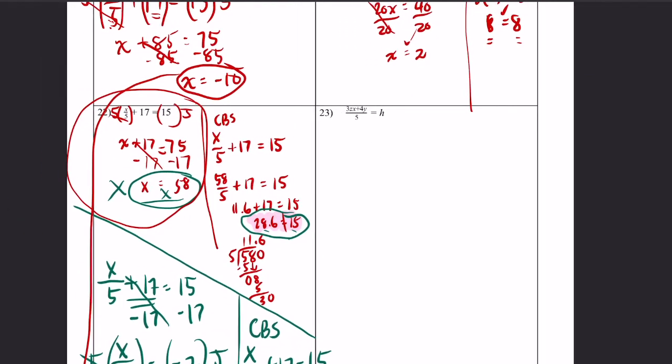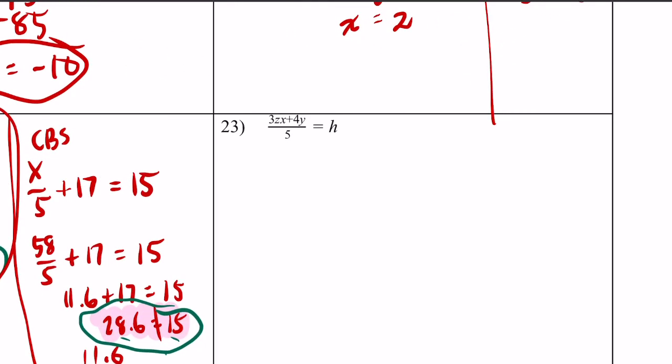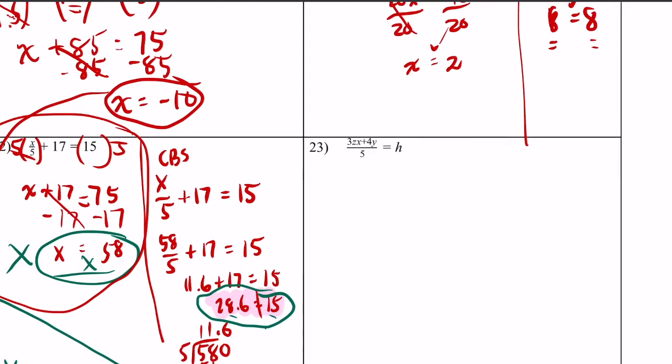Okay? Now the last one looks hard because there's a mixture of variables and numbers, but really it isn't. Just keep on using the basic transposing skills, okay? So let's look at this.